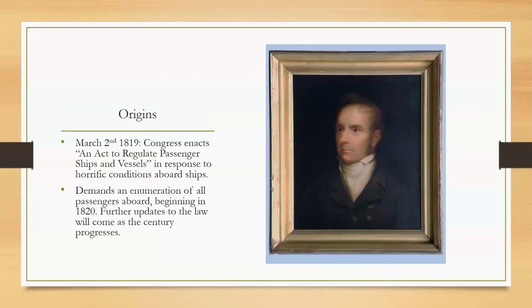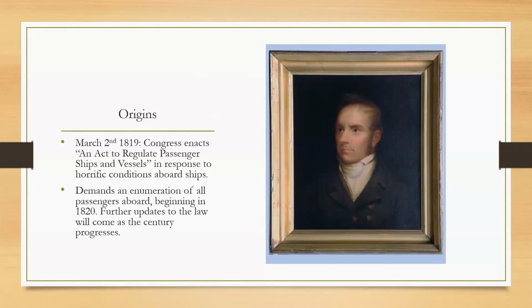So this gentleman whose portrait you see over here to the right is one Representative Thomas Newton of Virginia. Thomas didn't do a whole lot in his multiple years in Congress, but what he did do is incredibly important for genealogists. On March 2nd, 1819, he passed a law, an act to regulate passenger ships and vessels.